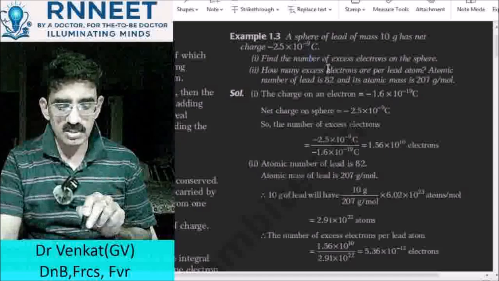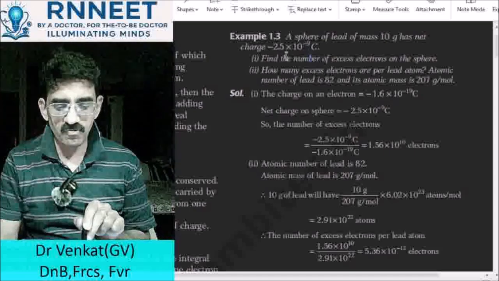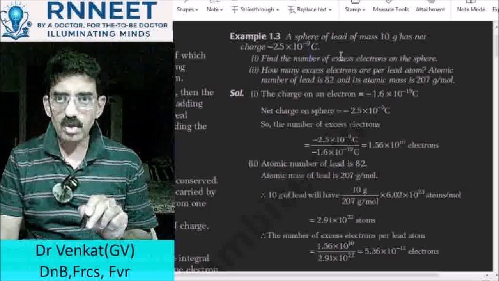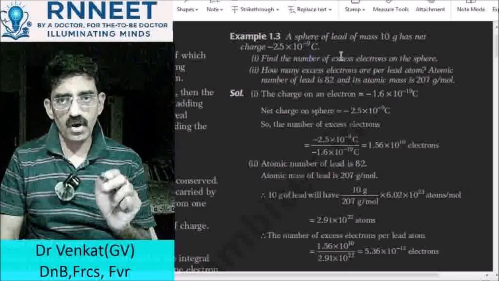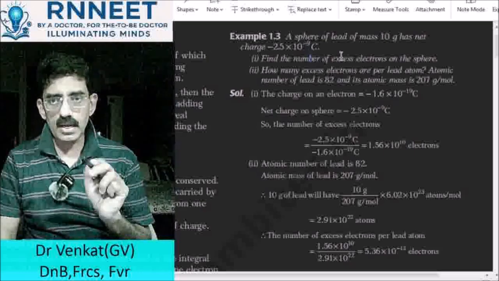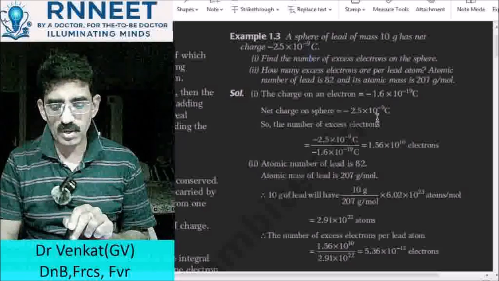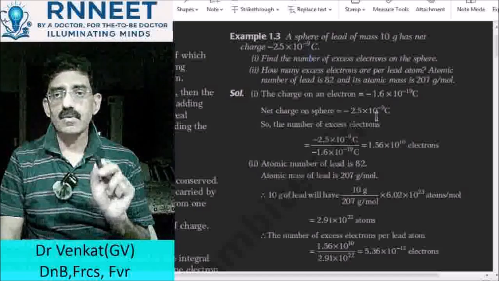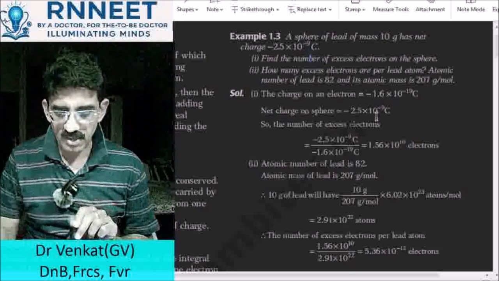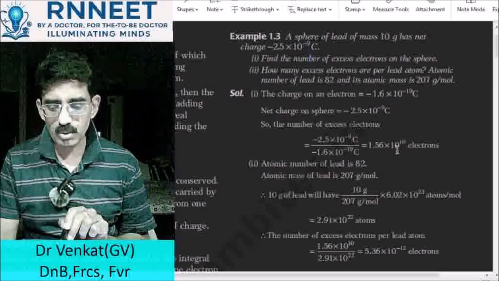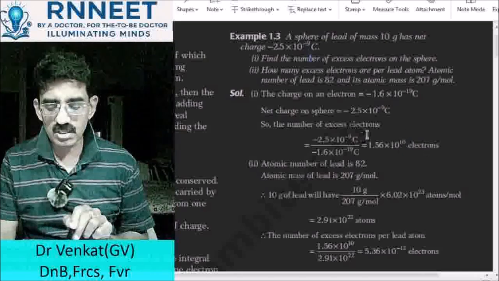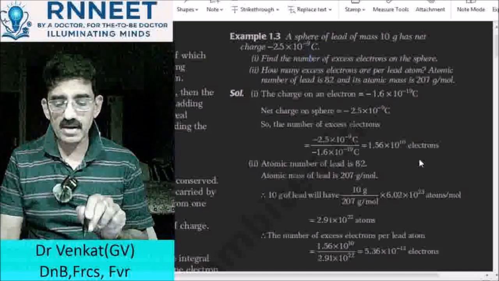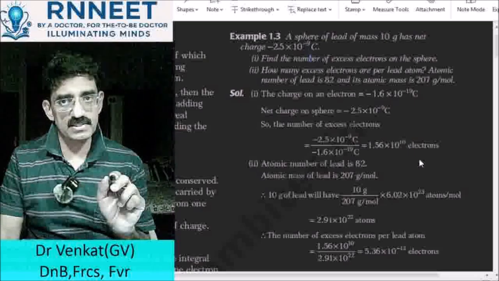So for a net charge of minus 2.5 into 10 to the power minus 9 Coulomb, 6.25 into 10 to the power 18 into 2.5 into 10 to the power minus 9 will be the number of electrons present, and that gives you 1.56 into 10 to the power 10 electrons, the total net excess electrons that the sphere of lead will have, right?